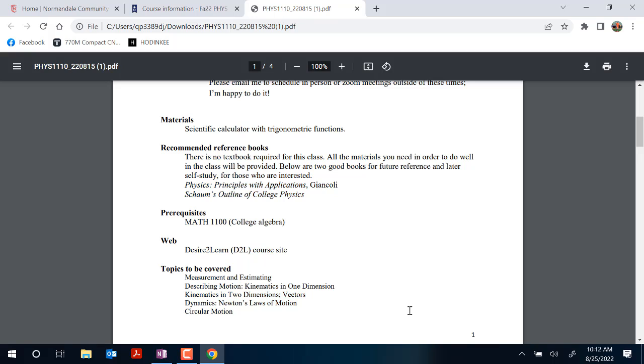And so for people who are going to have to prepare for standardized tests with physics on them, it's useful to have a book. So if you're looking for a book for future reference, that Giancoli textbook is a full textbook, which means it's expensive, but maybe you can find it used for quite a bit cheaper than it would cost in a bookstore.